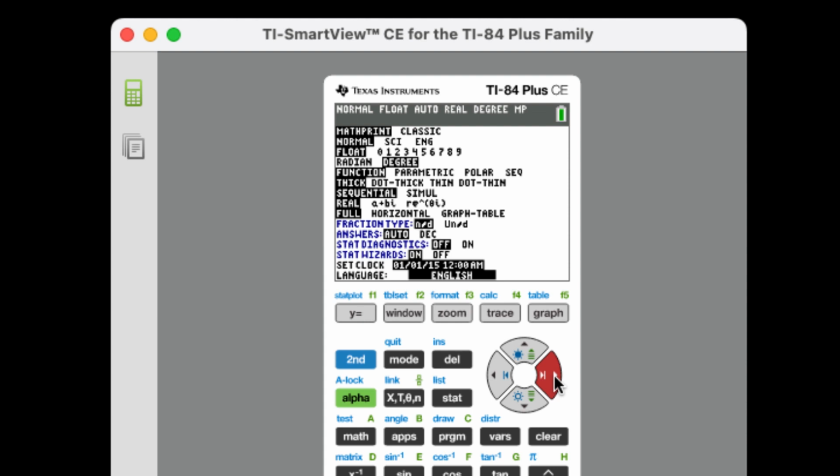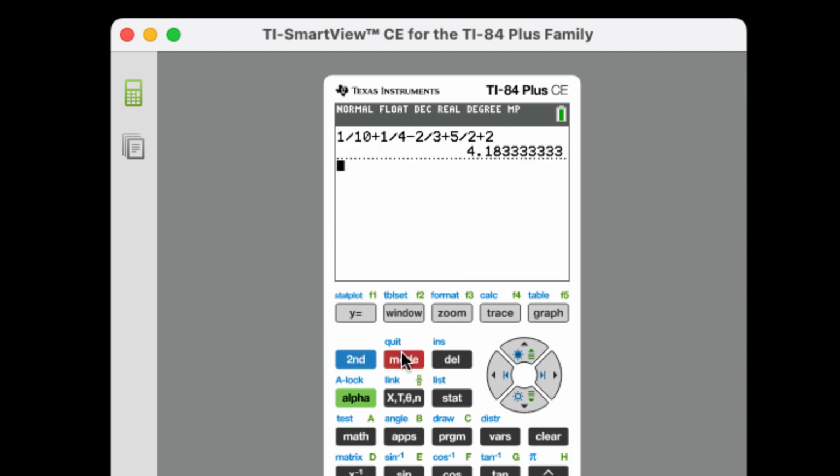There's two options. It's on auto, fraction type. What does that say? Numerator over denominator. Oh, I don't know. Anyway, let's see if this changes anything. Didn't change it. Got it.